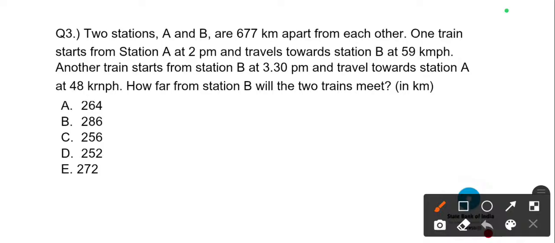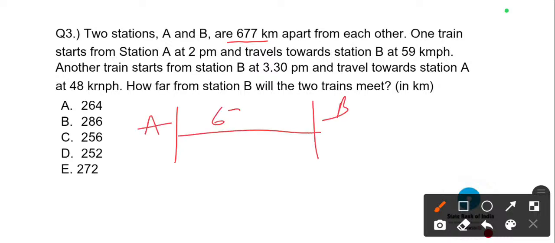Let's see this one. Two stations A and B, 677 kilometers apart from each other. One train starts from A at 2 p.m. at the speed of 59 kilometers per hour.